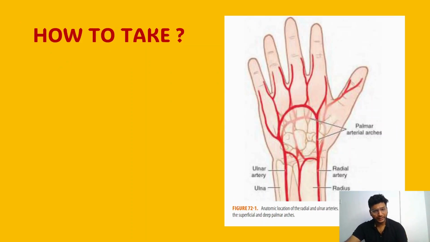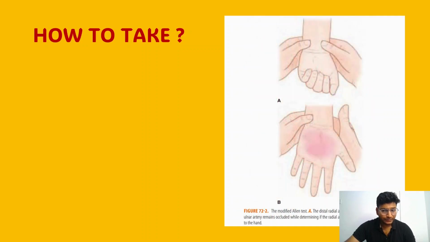How to take an ABG, all of you know, I don't have to tell that. We have to do a modified Allen's test before doing an ABG, but several studies have shown that it is not necessary. And what if the patient is unconscious and may not be able to make a fist?